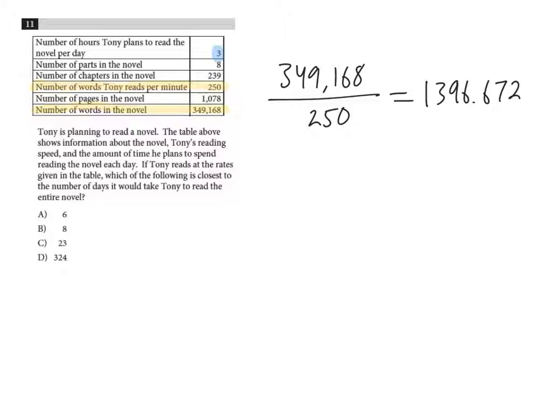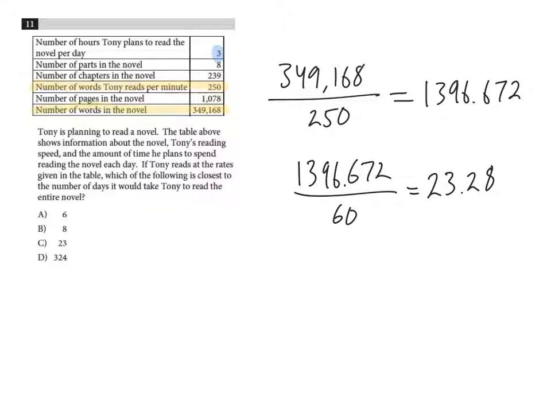So we need to divide this by the number of minutes in an hour. Okay, do that now on my trusty calculator. 1,396.672 divided by 60. Okay, so I'm just going to round that. We got about 23.28 hours.